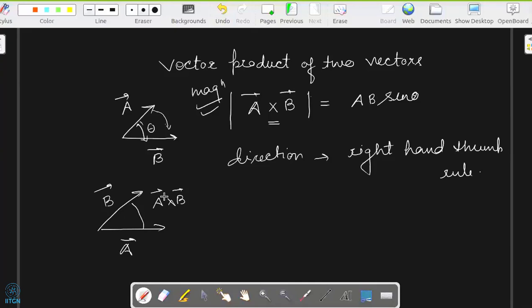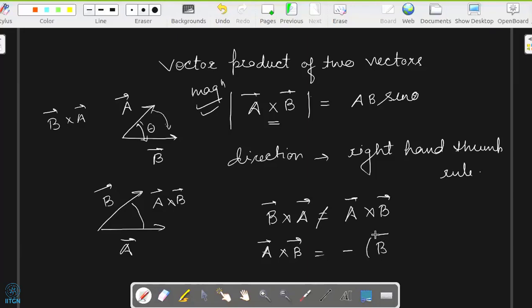So B cross A and A cross B are not equal. Actually A cross B is equal to minus B cross A.